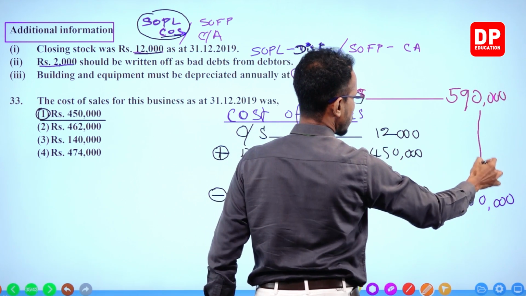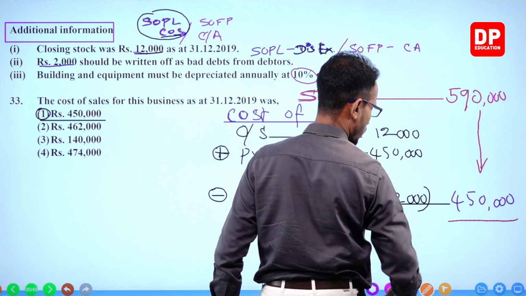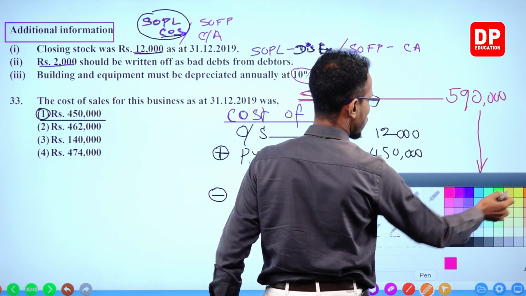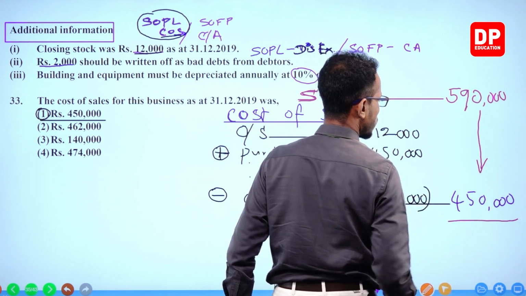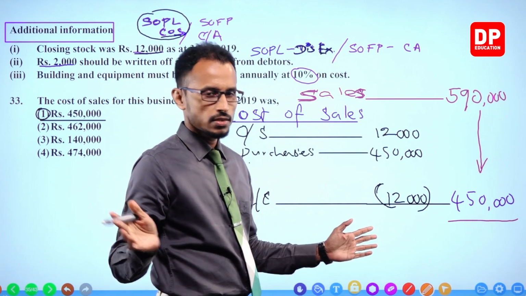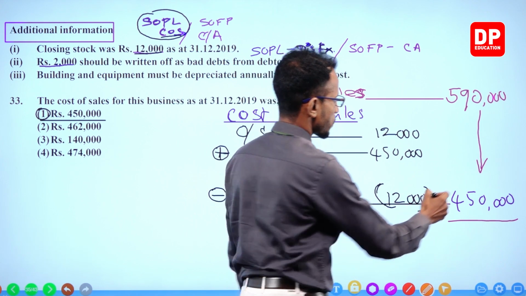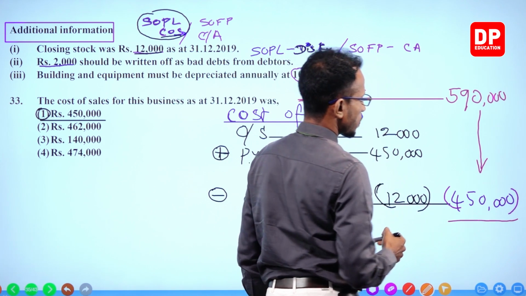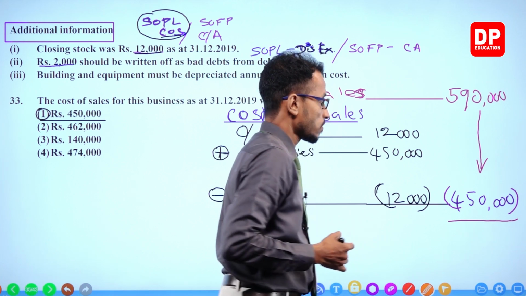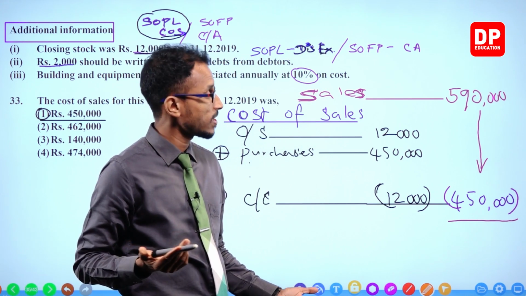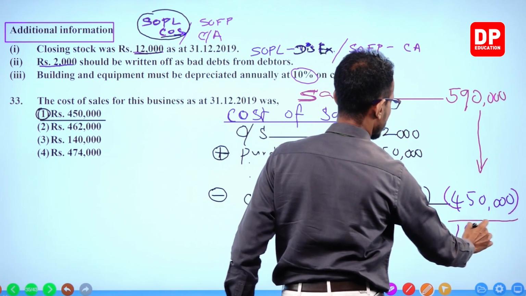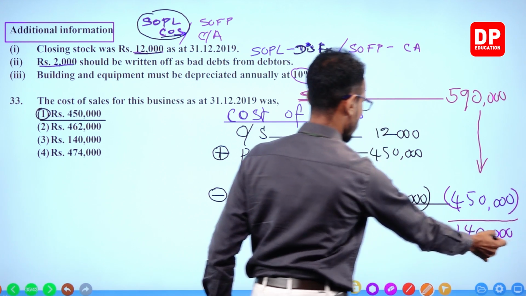Subtract. Get the gross profit. Don't just wait until I do all the work. Do your calculations. 590 minus 450. It's 140. This is the gross profit for you.